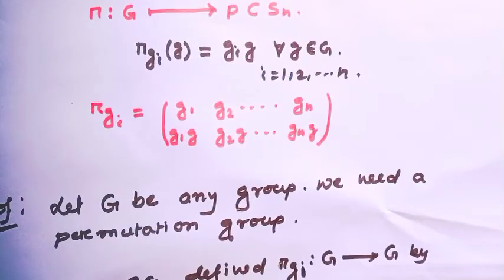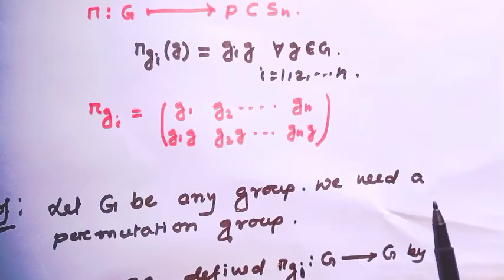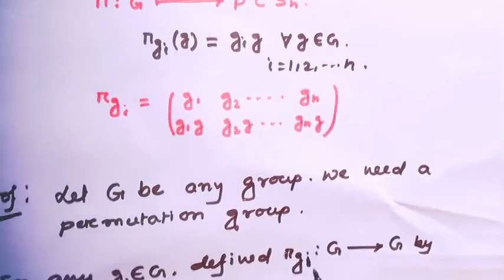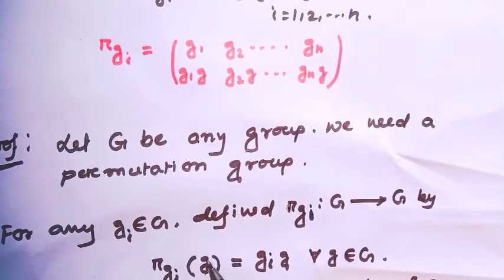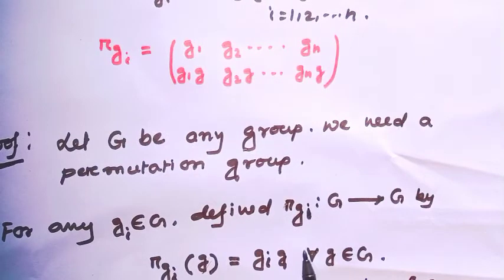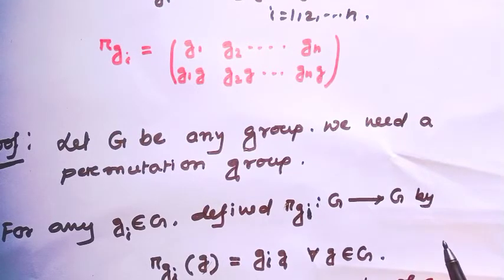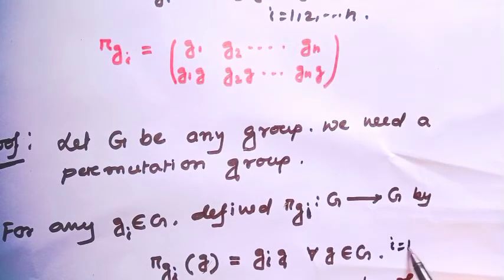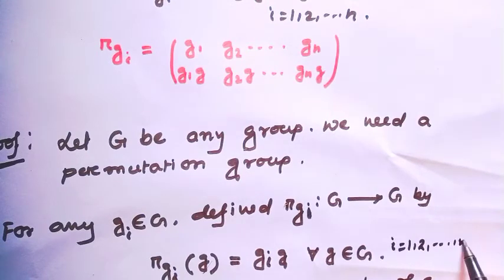Let capital G be any group, and we need a permutation group. For any gi a member of capital G, define a map pi gi from capital G to G by pi gi of g equals gi times g, for all g in capital G and i equal to 1, 2 up to n.